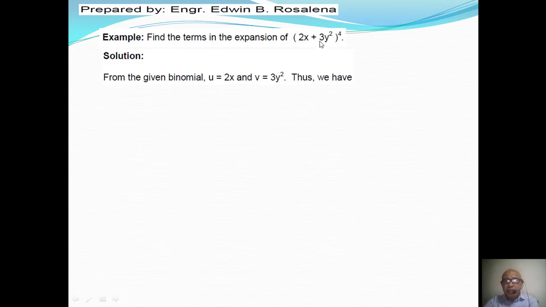Then v equal to 3y squared, and then our n is 4. So, if you recall, if we raise it to the power 4, then ito yung terms natin, ha? Tingnan natin. So, for the coefficients from Pascal's triangle, we have 1, 4, 6, 4, 1. Just refer to the previous pattern natin dyan for Pascal's triangle.